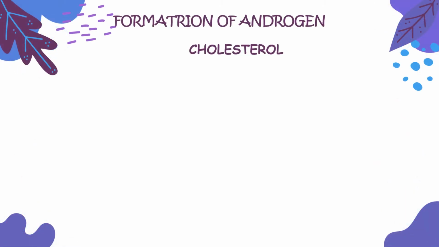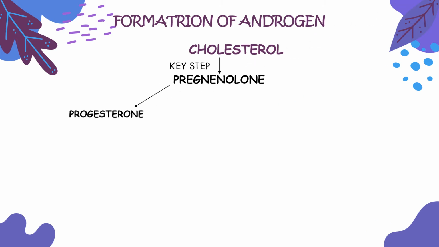Let us discuss the synthesis of androgen in the testis. The androgens are synthesized in the Leydig cells from cholesterol. The key step in the synthesis of androgen is the conversion of cholesterol to pregnenolone, and this is the rate limiting step. Pregnenolone gets converted into progesterone, and progesterone gets converted into androstenedione.